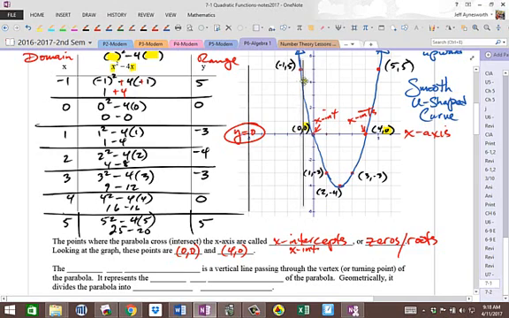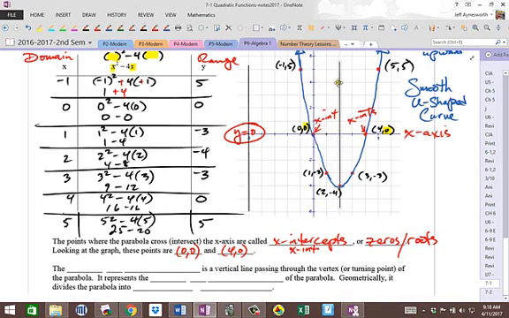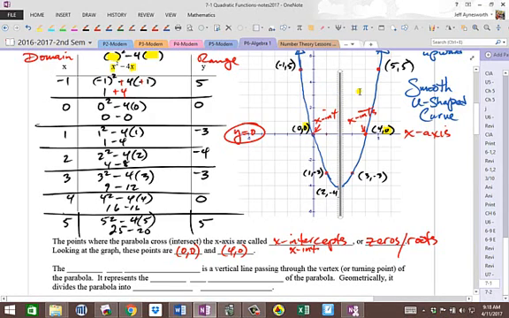And if you notice, if you sweep it from left to right here, the vertical line passing right through the vertex here at 2 comma negative 4, you'll notice that the left half is symmetrical to the right half, okay? Symmetrical, meaning they're two equal halves. Well, this line right here, which we're going to call either the line of symmetry or the axis of symmetry, we're going to draw it as a dotted line because it's not really part of the graph.